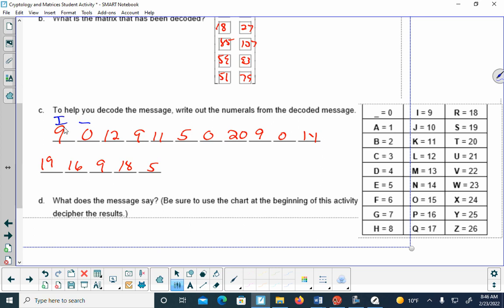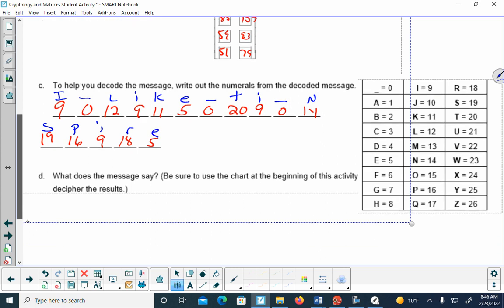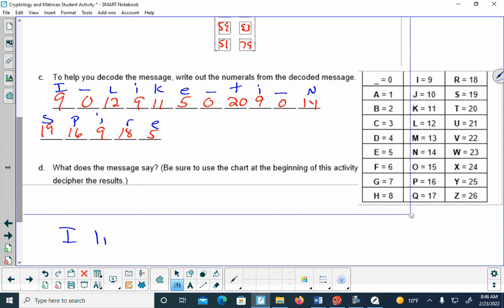The 12 is an L, I, K, E, space. 20 is T, I, space. The 14 is N, 19 is S, 16 is P, I, R, E.